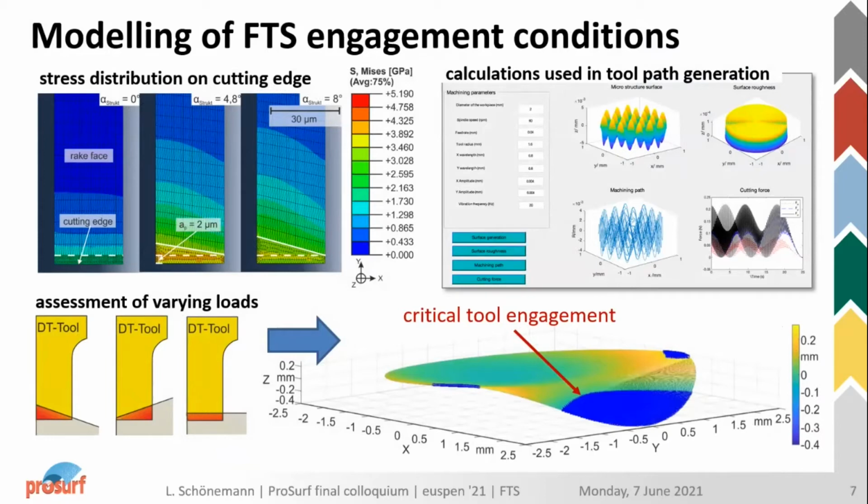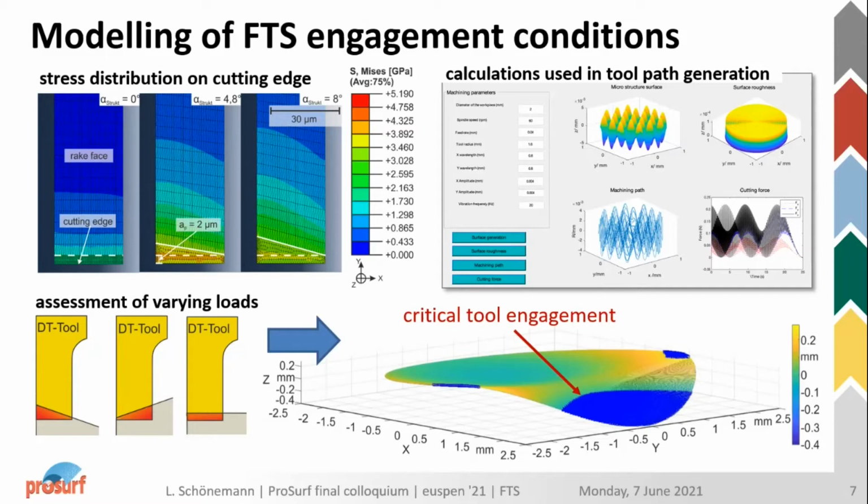So what we did is we first of all did some simulations in order to establish stress distributions and profiles on these cutting edges and to determine what can be handled by the tool and what cannot. And we developed some calculation tools where we can determine and visualize critical tool engagement conditions and tweak the process parameters in a way that some critical conditions are not exceeded or not met during cutting.